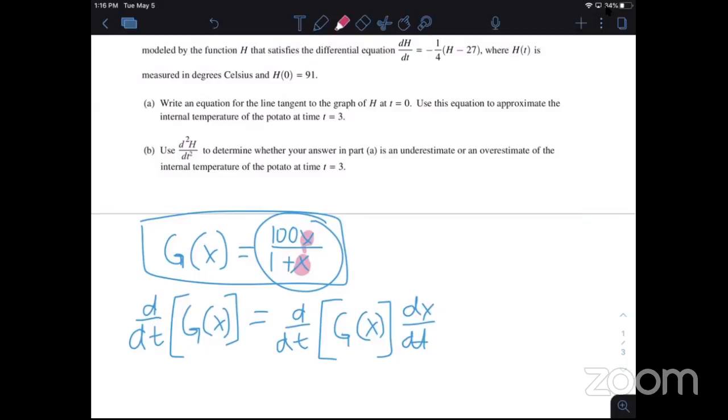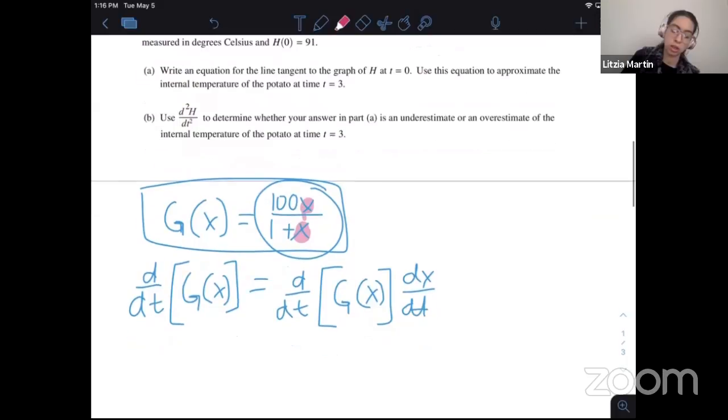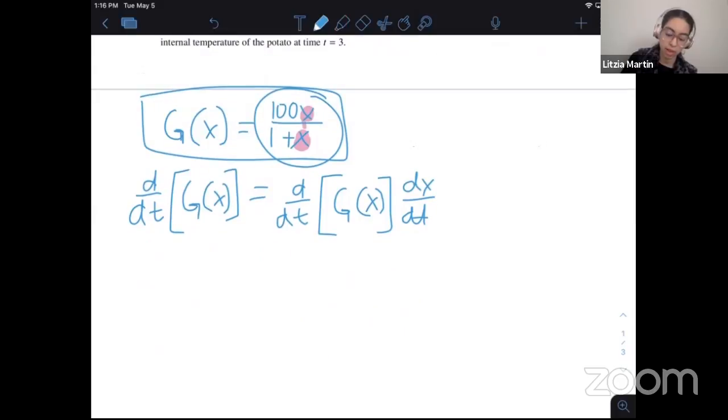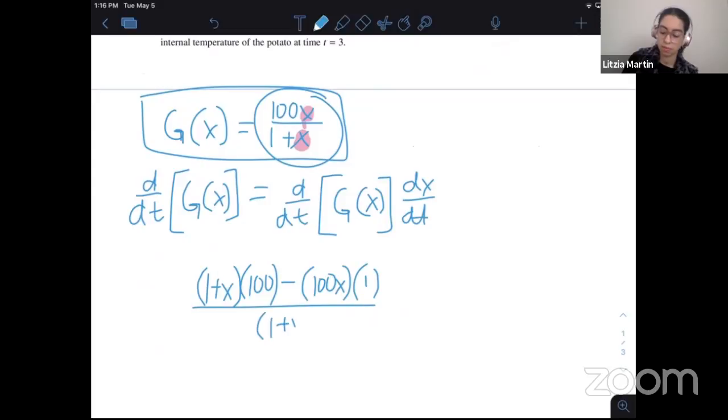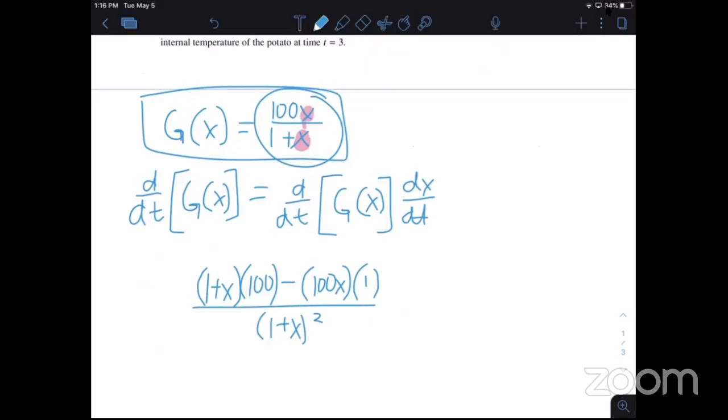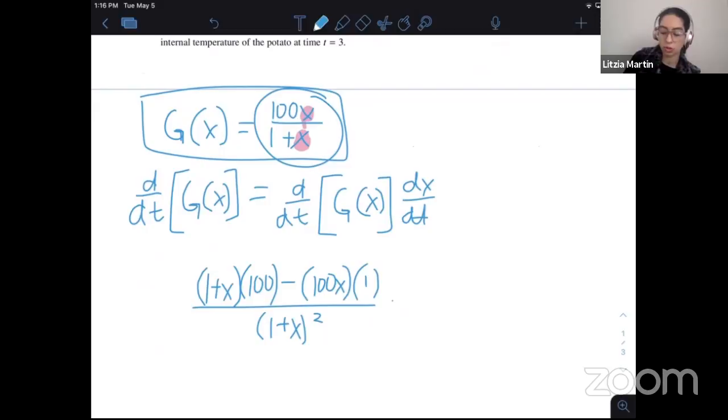So low would be 1 plus x. D high would be the derivative of 100x, which is just 100. Minus high d low, the derivative of 1 is 0, derivative of x is 1, and then square the bottom. And then that's multiplied by dx over dt.